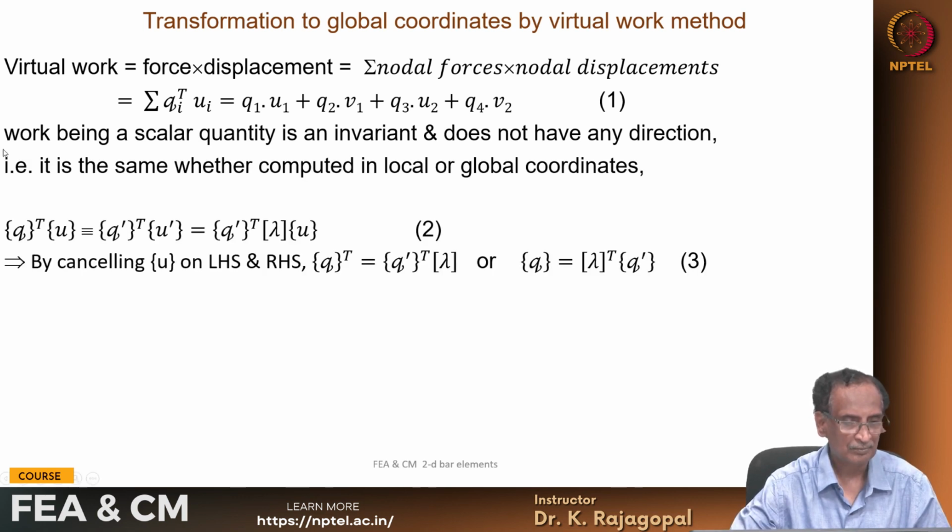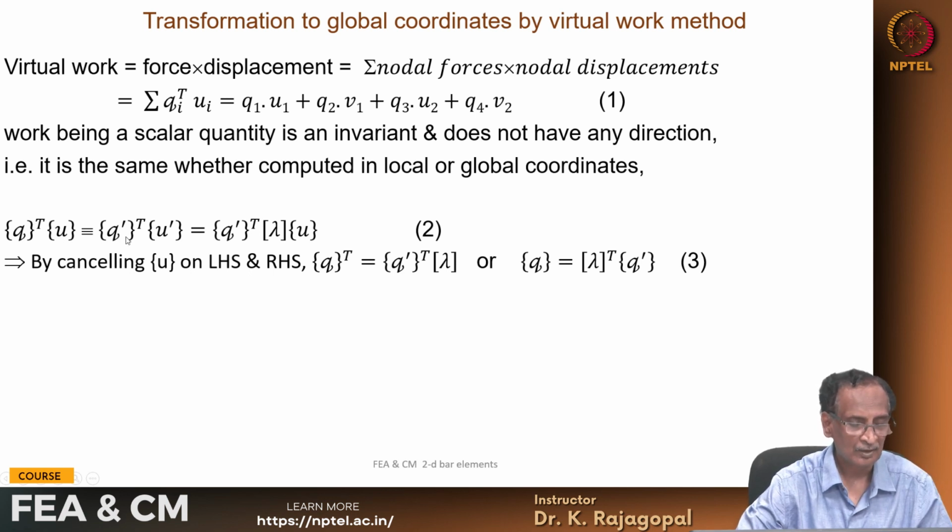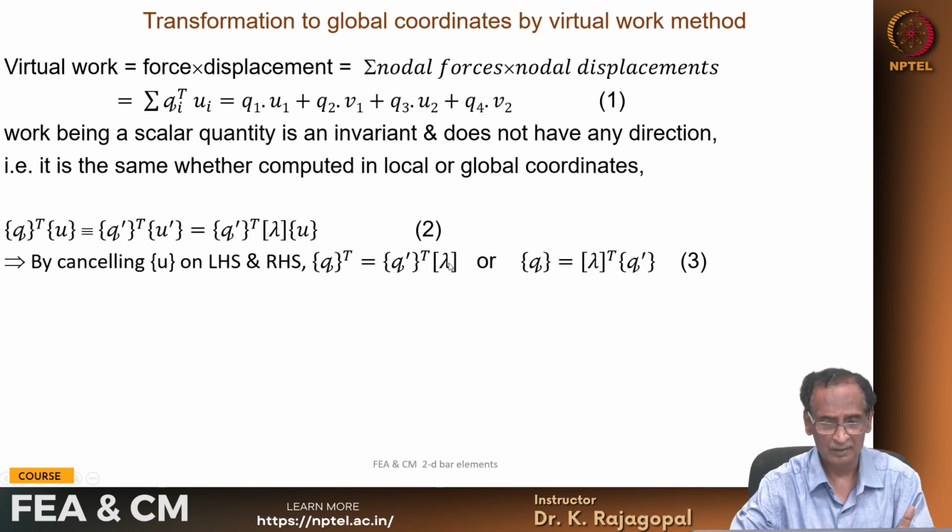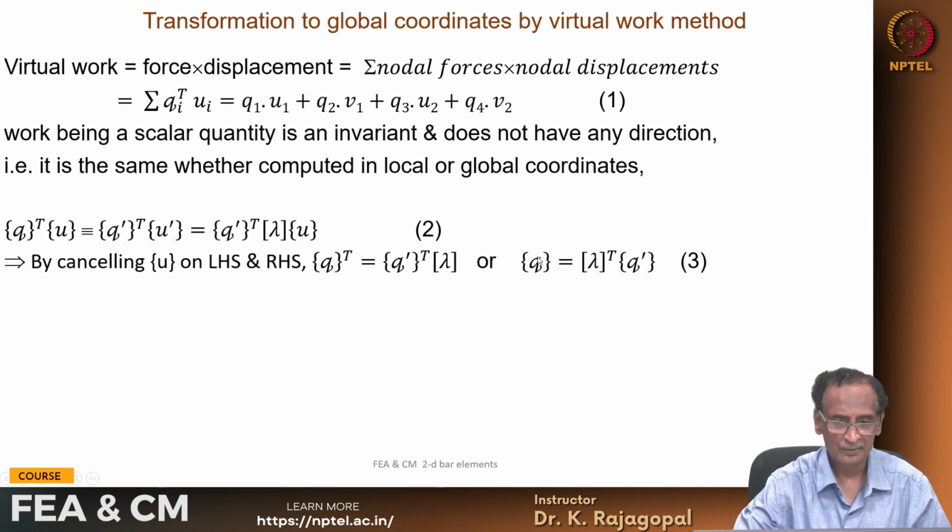So our q transpose times u is equal to q prime transpose times u prime, and u prime is lambda times u. So we can cancel out u on both the left hand side and the right hand side, and we get that q transpose is q prime transpose times lambda, or by taking the transpose, q is lambda transpose times q prime.